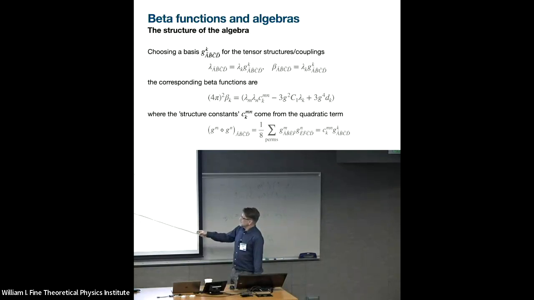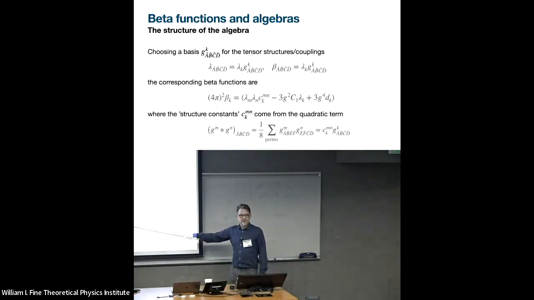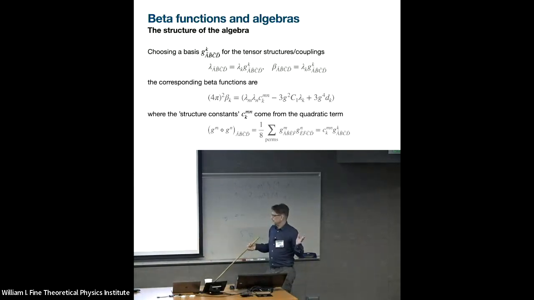So you can decompose it in terms of the basis elements. The beta functions will have a similar decomposition, and the full beta function equations can be written in terms of structure constants of this commutative, non-associative algebra.